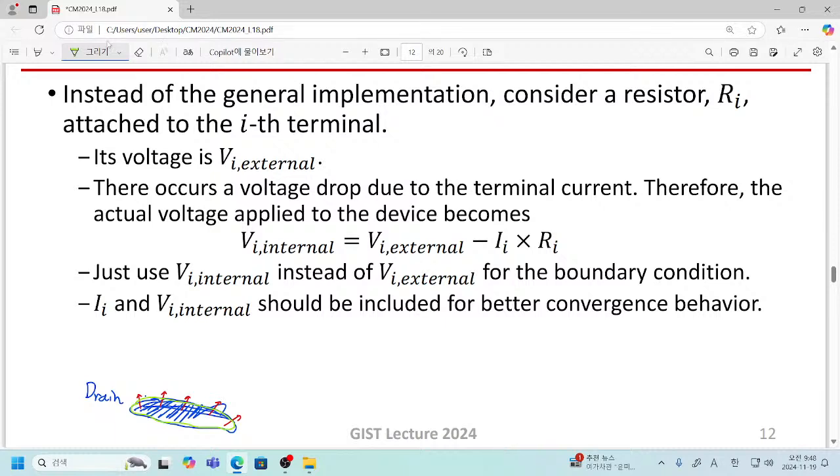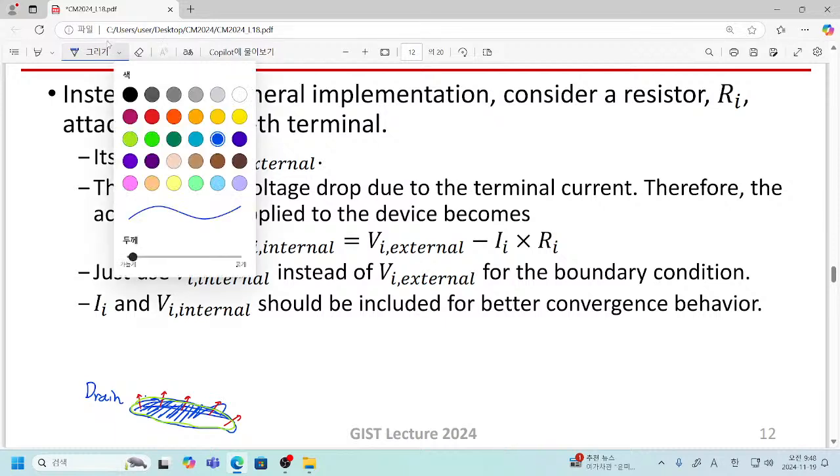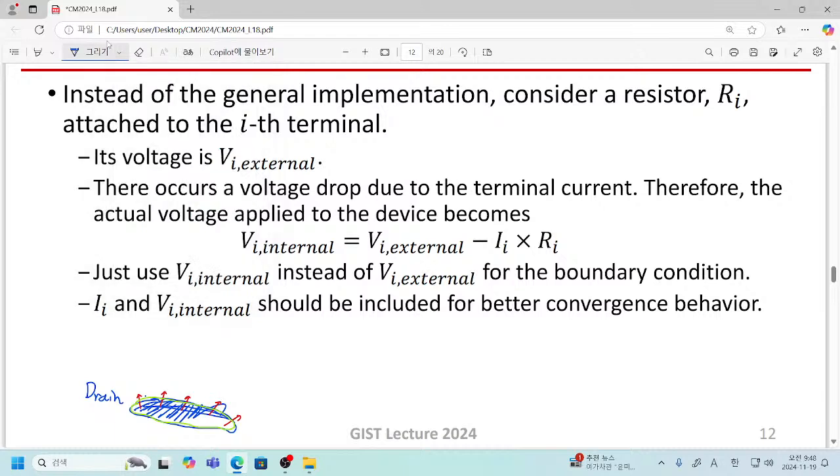However, now let's say that here we have a certain point whose voltage is V_I external. Here I is used to identify your terminal. For example, in this case we can say the drain terminal, but not internal, external.